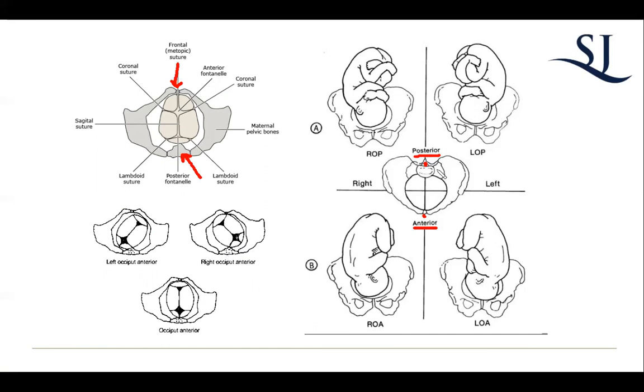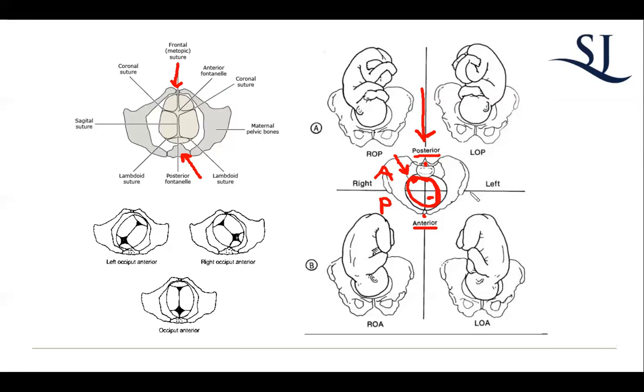If you're looking at this view on the right, say you have the skull here, your occiput is here, and this is your frontal bone. If I'm looking at it directly, kind of like on ultrasound, this is your anterior and this is your posterior. Make sense?